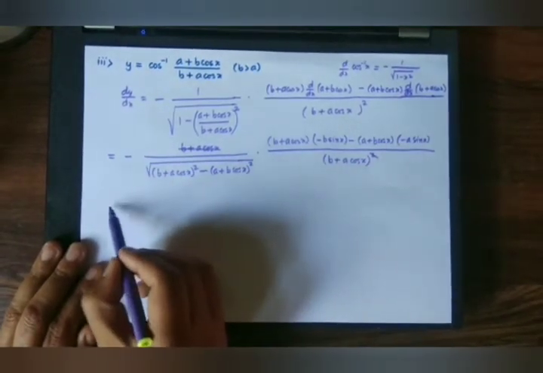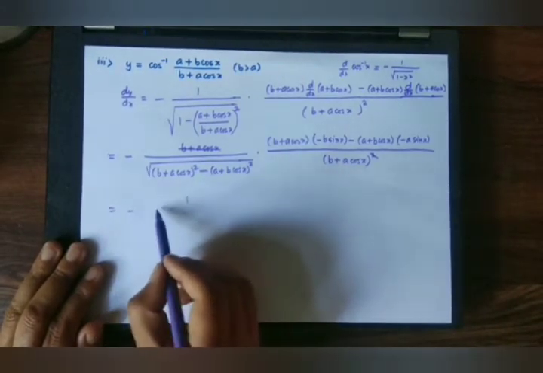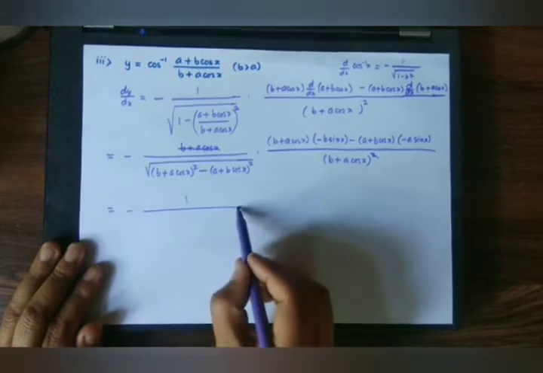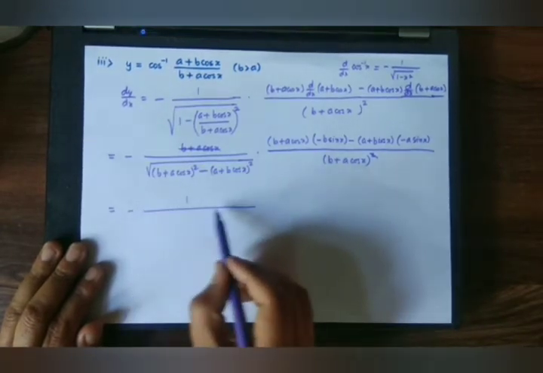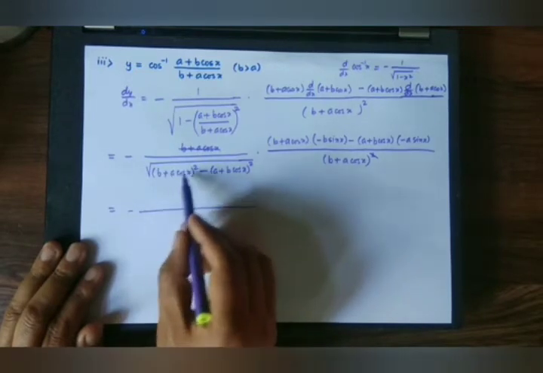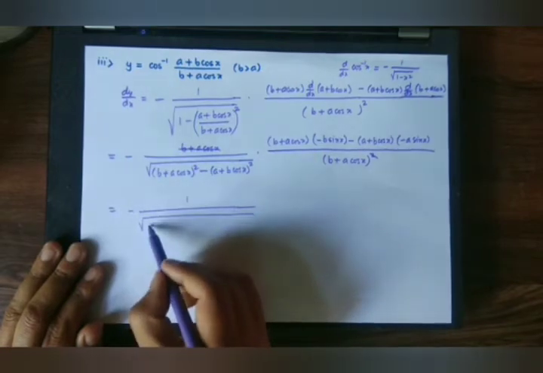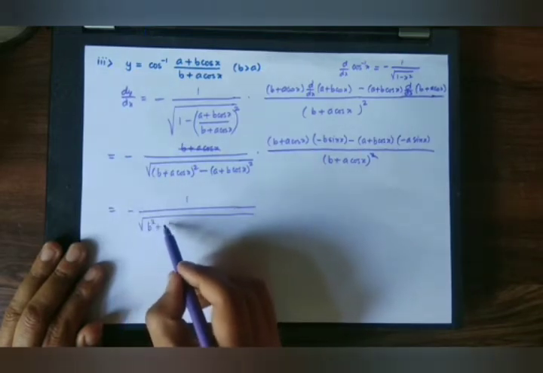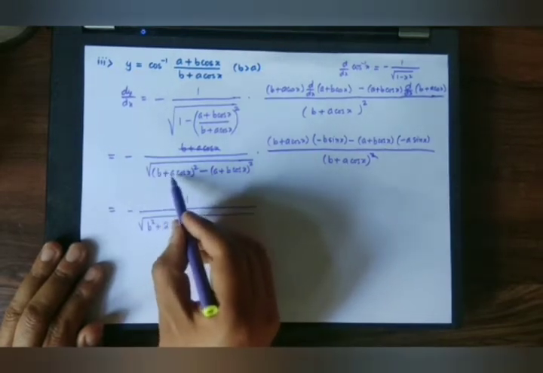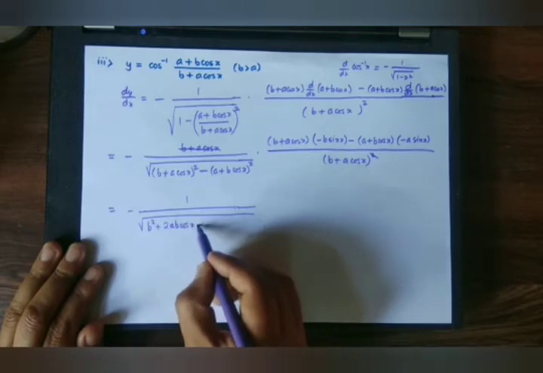Now let us simplify this. So we have minus 1 by, okay, let us open this bracket. This is (a plus b) whole square, so (a plus b) whole square can be written as a square plus 2ab cos x, and b into a cos x becomes ab cos x, plus b square.